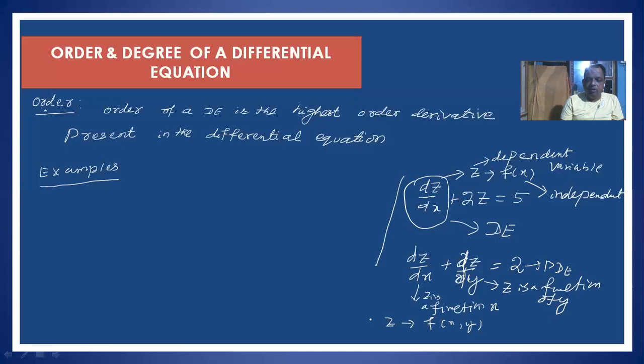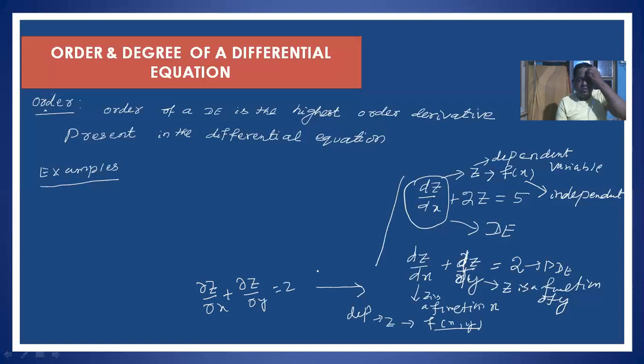Here z is called the dependent variable and x and y are called independent variables. Same thing. So this is the meaning of partial and ordinary differential equations.